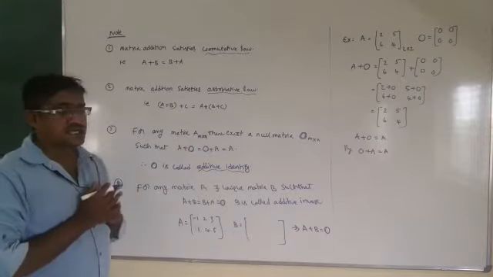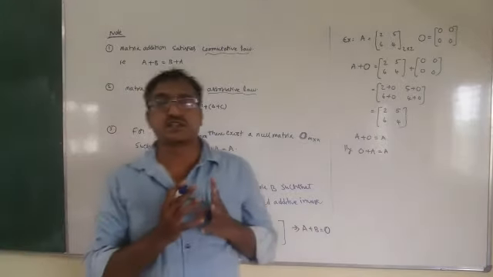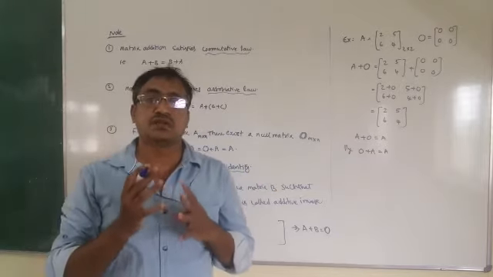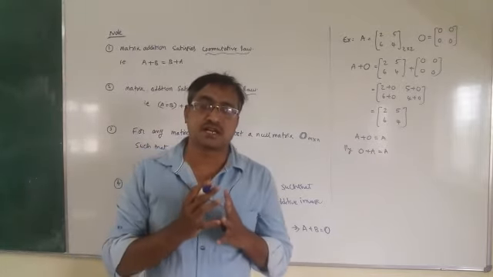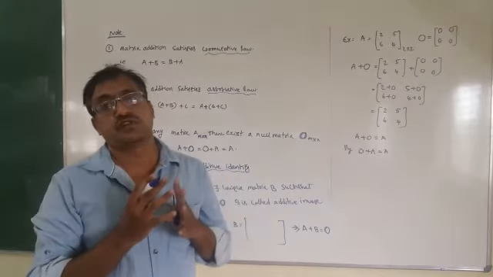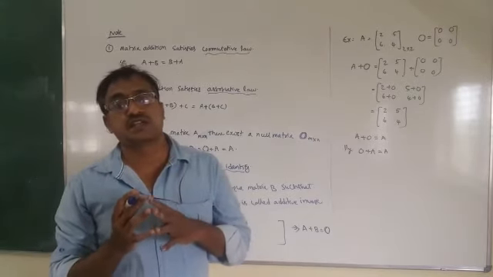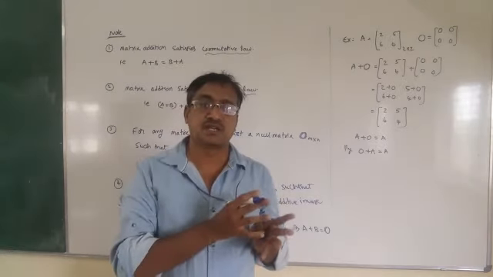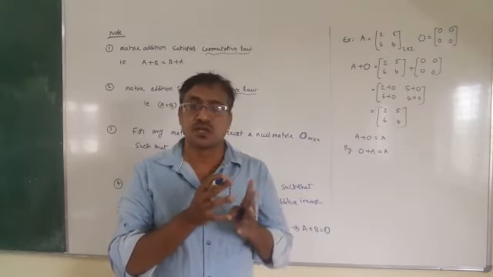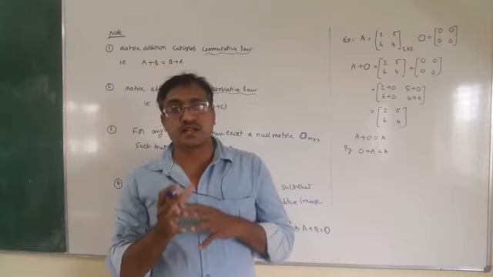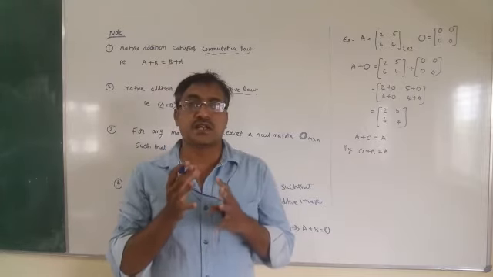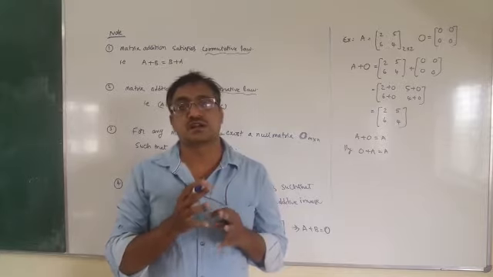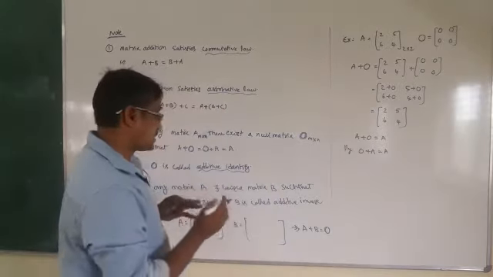For any matrix capital A, there exists a unique matrix B, unique means there is only one matrix, such that A plus B is equal to B plus A is equal to O. That unique matrix is called additive inverse.